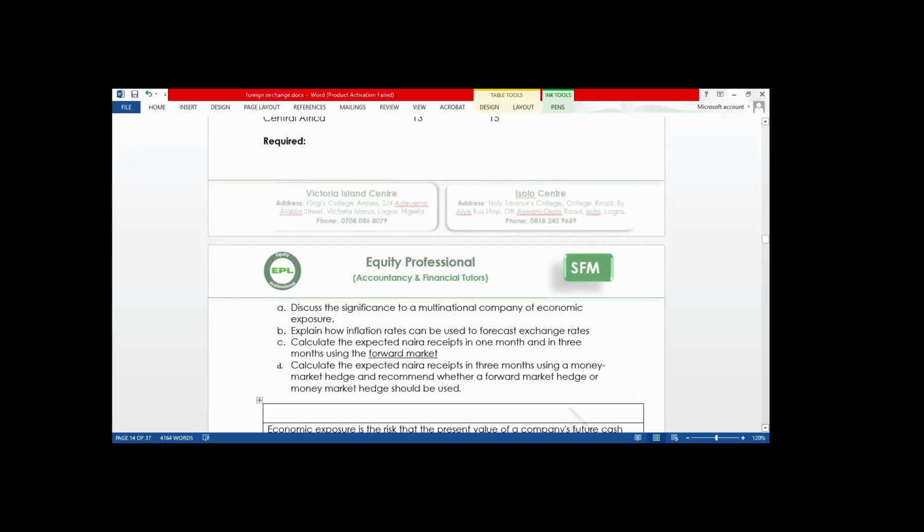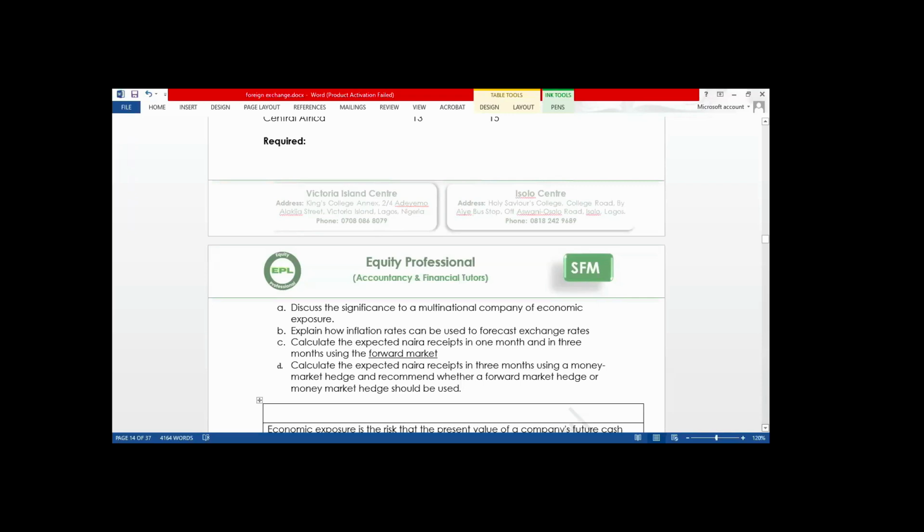Calculate the expected Naira receipt in 3 months using money market hedge and recommend whether a forward market hedge or money market hedge should be used. This question is about money market hedging for a 3-month transaction.